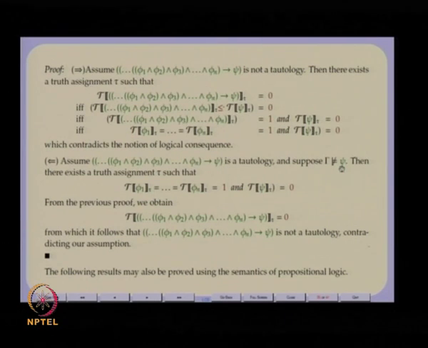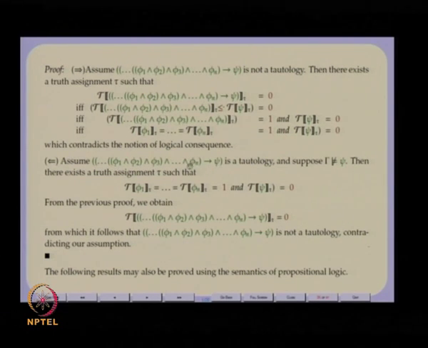Now, as far as the second part is concerned, you assume that the conclusion is a tautology, and assume that the hypothesis is false, which means that psi is not a logical consequence of gamma, and you just apply the semantics. So, this implies that there must be a truth assignment tau such that this holds, where of course this right bracket should not be there, and this is the same as this, and I can work this backwards, which leads to the fact that this whole thing should be equal to 0, but we assume that this is a tautology.